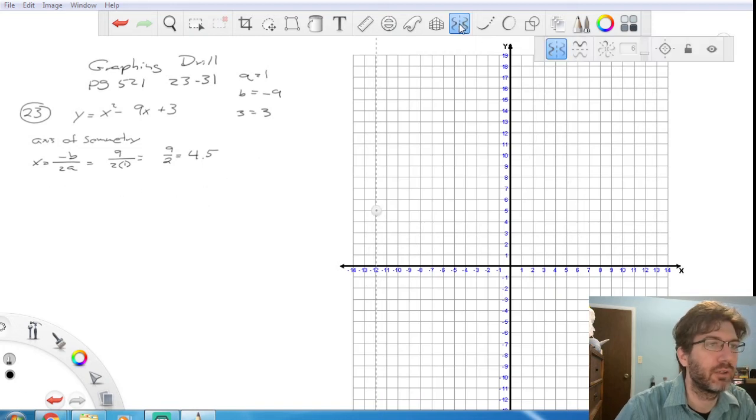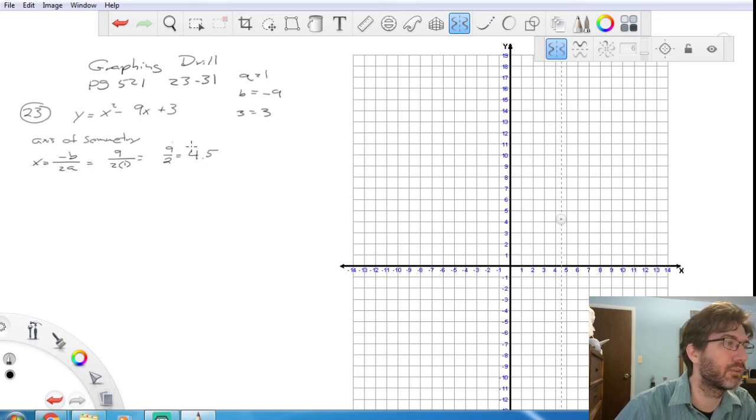So our line of symmetry is over here at 4.5, in the middle of 4 and 5. You can make your axis so you count by 0.5s if you want, for your axis. It just makes it a little easier for you to graph. I'm not going to find another axis like that, so I'm using this one. So 4.5 is your axis of symmetry.